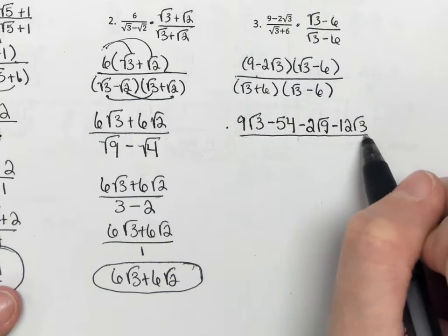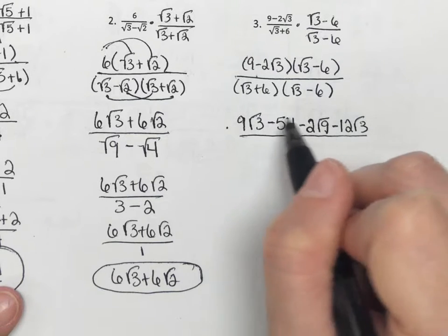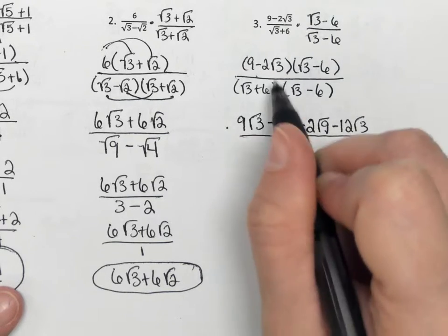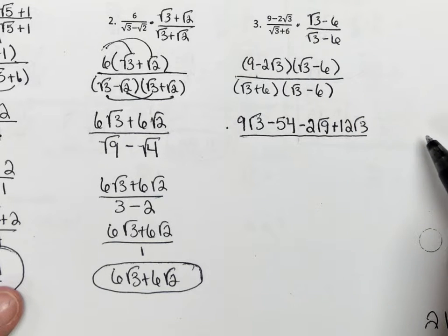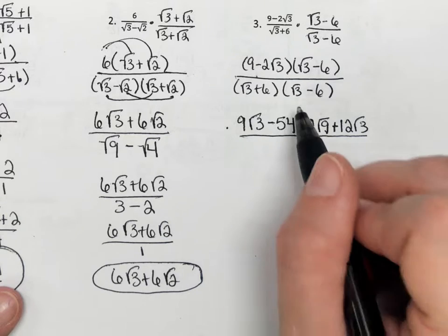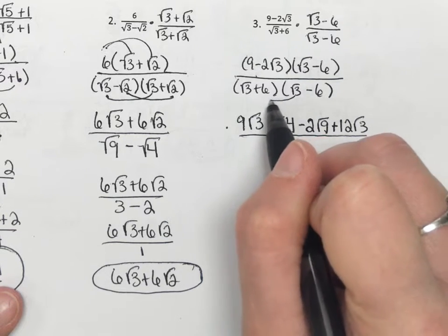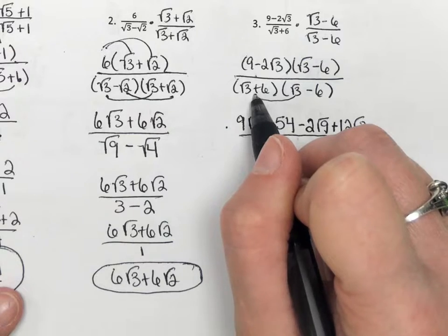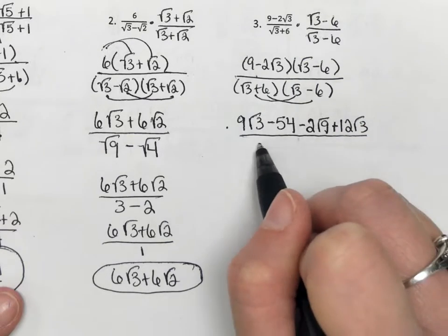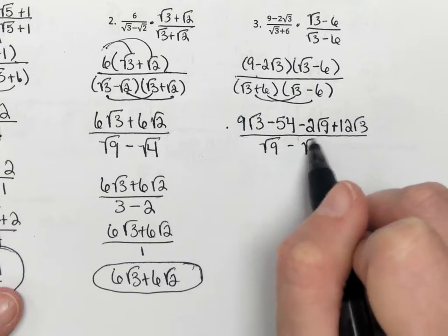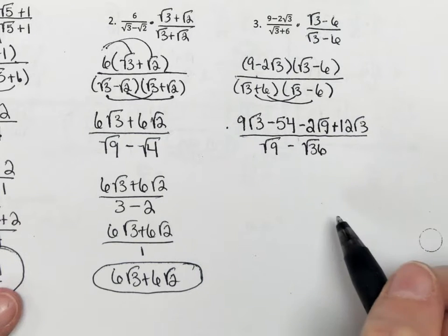Did I lose anyone? Where? Yes, excuse me. Thank you, Dee. Okay, last, on the bottom, they are conjugates. So I'll only have to do first and last, which is square root of 9 minus square root of 36.